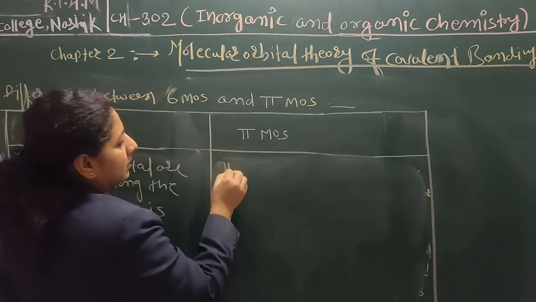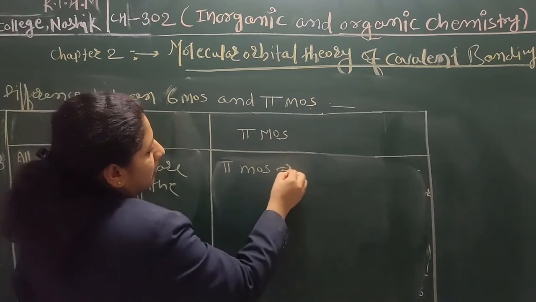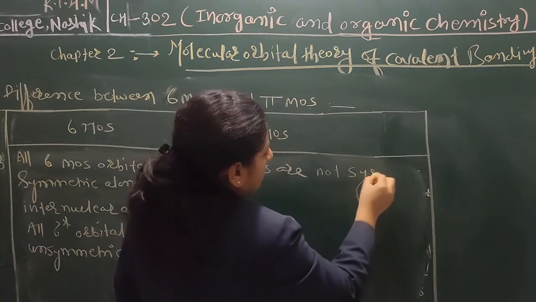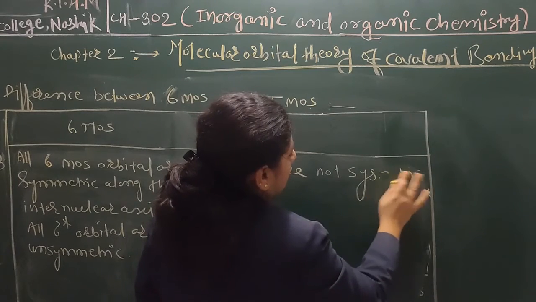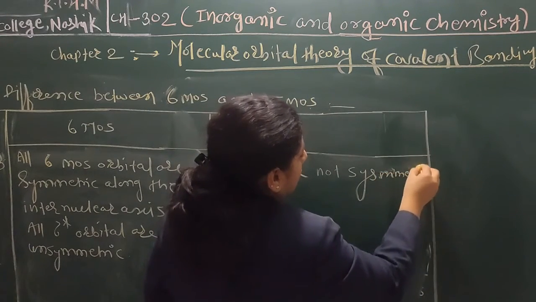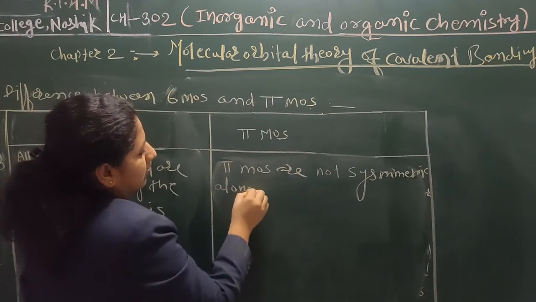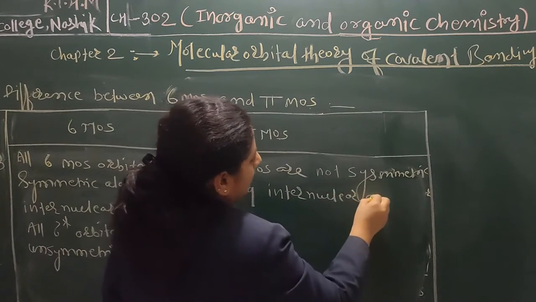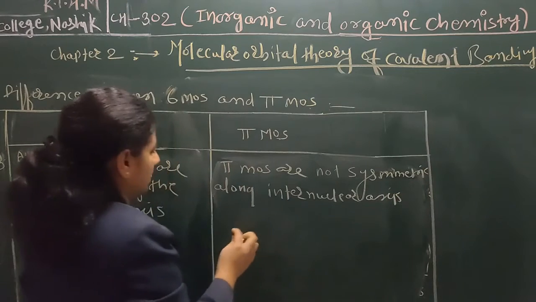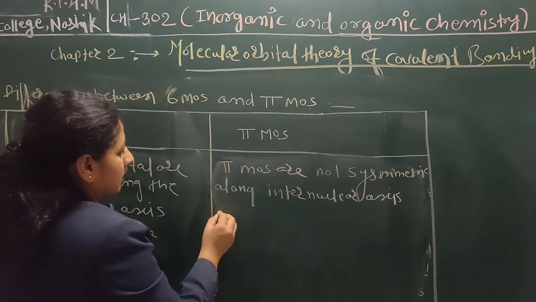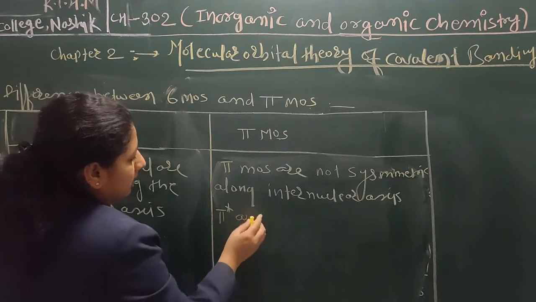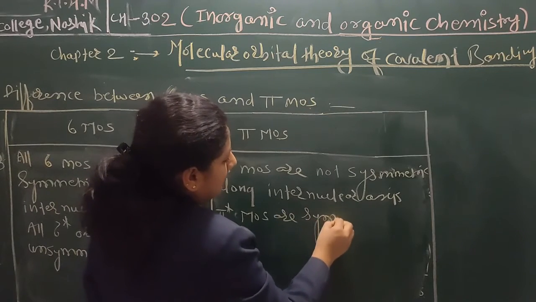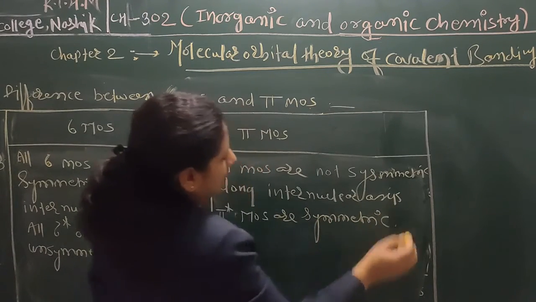Whereas pi MOs are symmetric along the internuclear axis, whereas pi antibonding MOs are not symmetric.